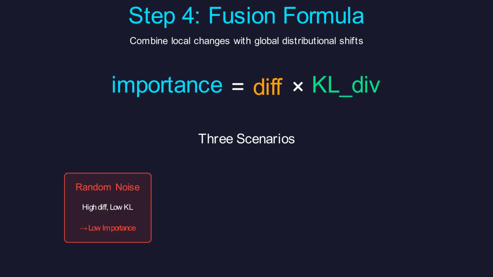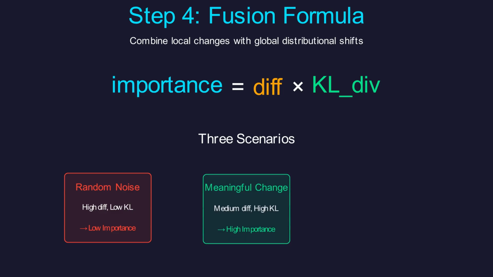And so we have different scenarios. If those updates are just random noise, we'll have very noisy magnitudes but low KL divergence. The distributions will be very similar. So those parameters should be low importance.